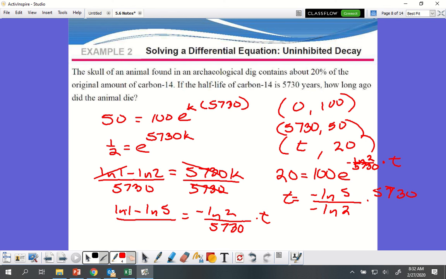13,304. So am I close to being right? Did you already get it? You got 12,000.